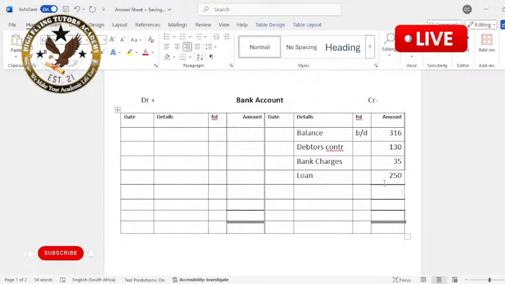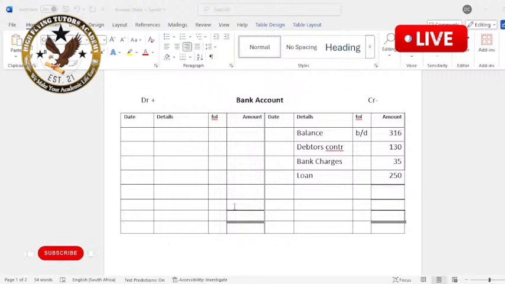I'm just adding a column there if there's gonna be anything to record right there. So 250, and then let's go to the next question. The next question, transaction number 9, they said the bank statement showed a credit of 45 rand for interest on credit balance of accounts of current account.